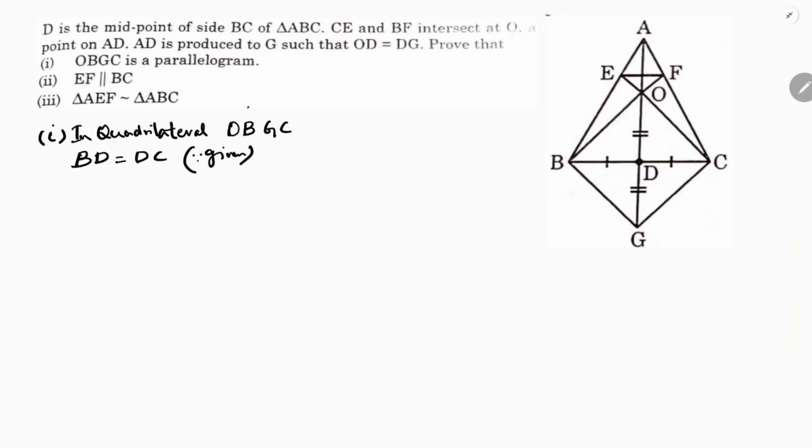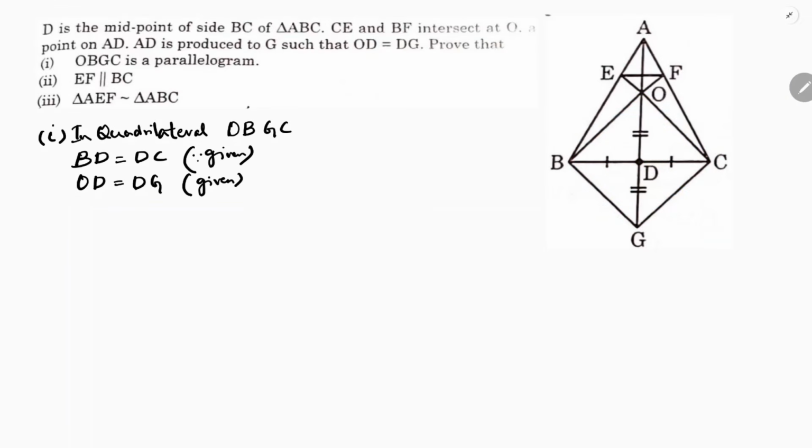Next, OD equals DG. This is also given. So in quadrilateral OBGC, clearly diagonals are bisecting each other. If diagonals are bisecting in a quadrilateral, then it is a parallelogram.